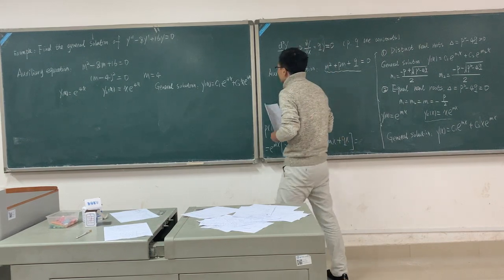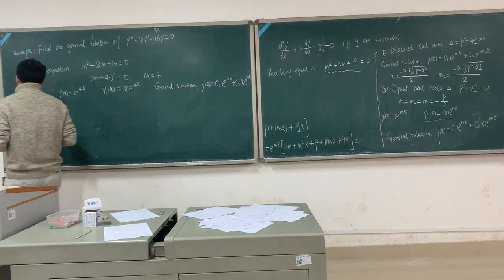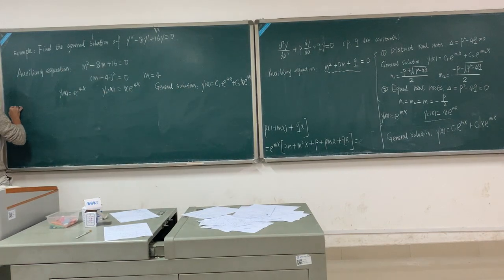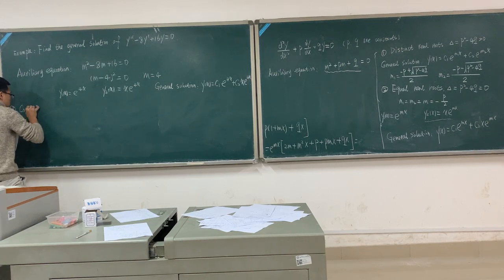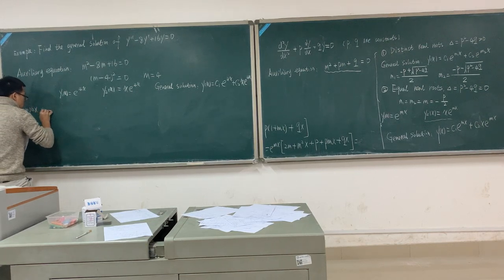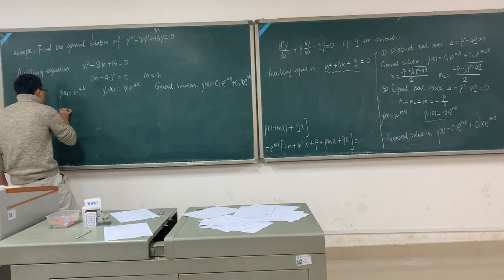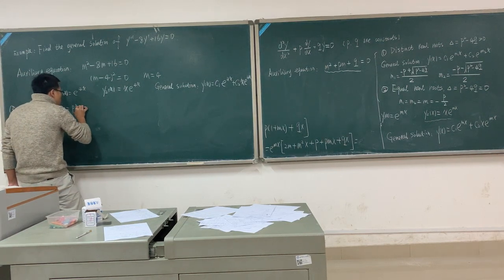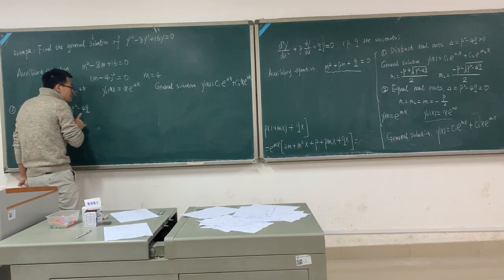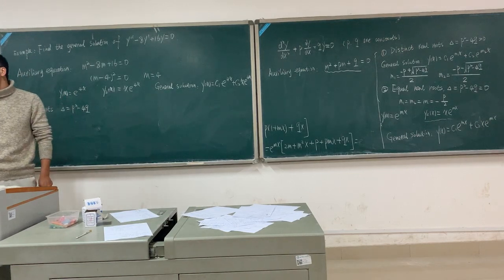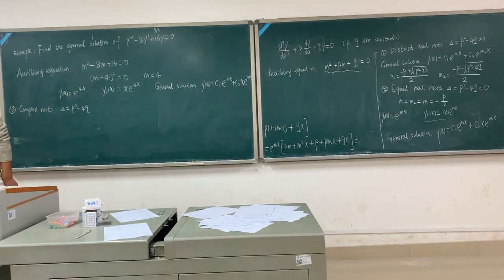So the third case is complex roots. Delta equal to p square minus 4q: greater than 0, equal to 0, or less than 0.